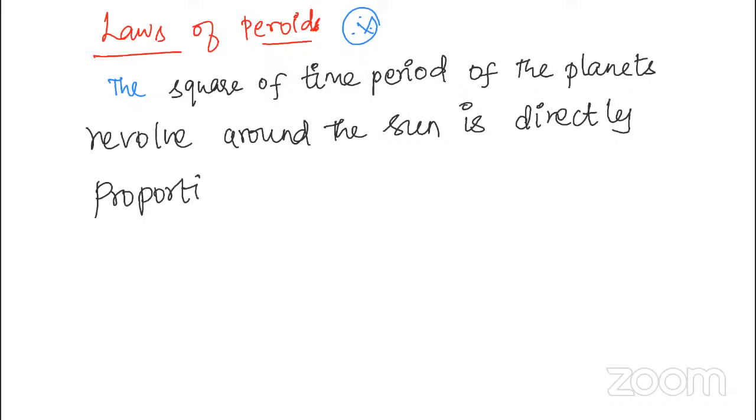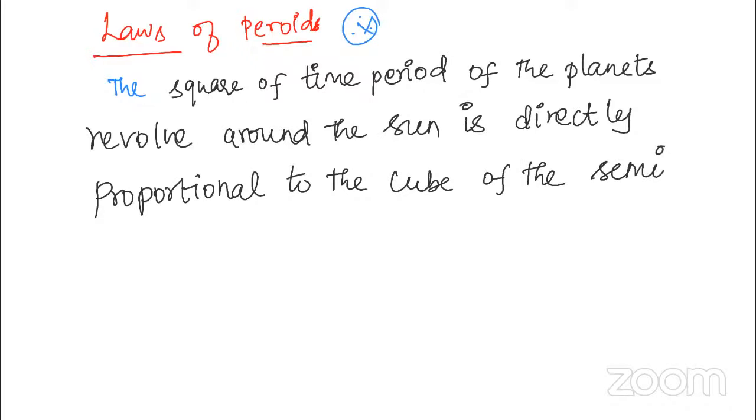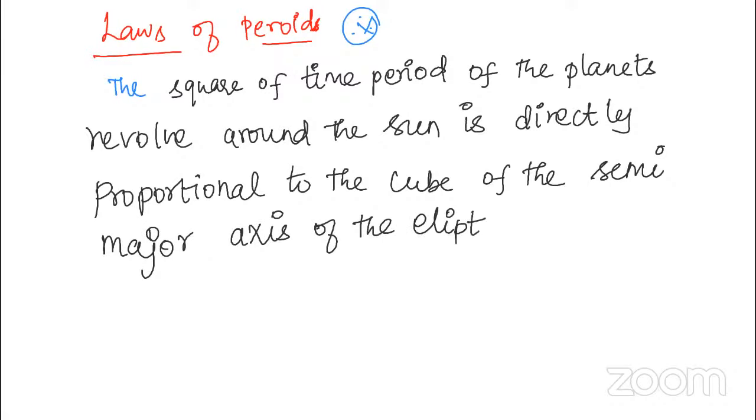Directly proportional to the cube of the semi-major axis. Semi-major axis of the elliptical orbit of the planet.